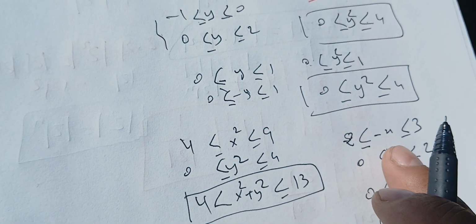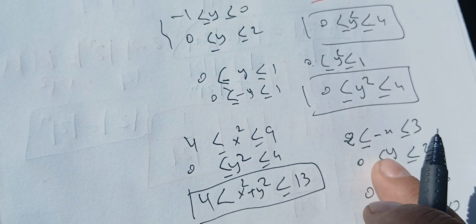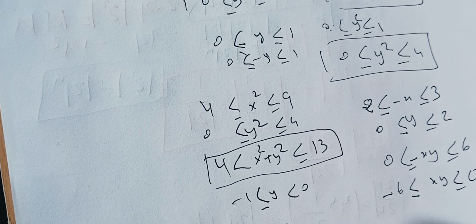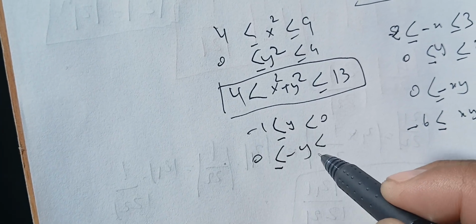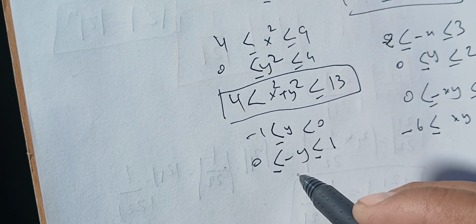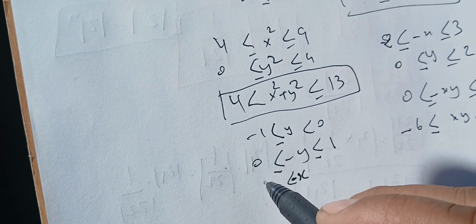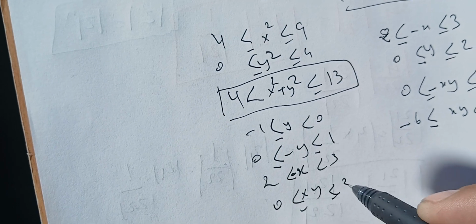The other case is when y is between -1 and 0. Using a minus sign, we have minus y is between 0 and 1, and minus x is between 2 and 3. We multiply, we get xy is between 0 and 3.